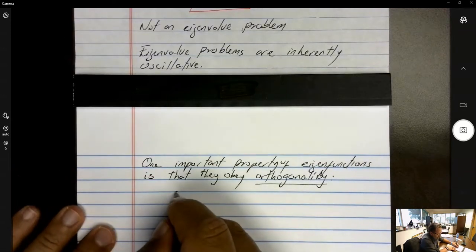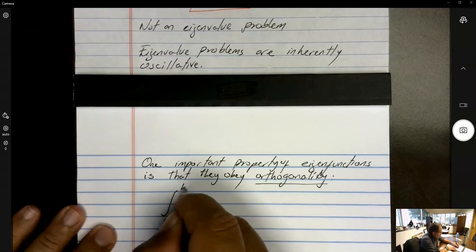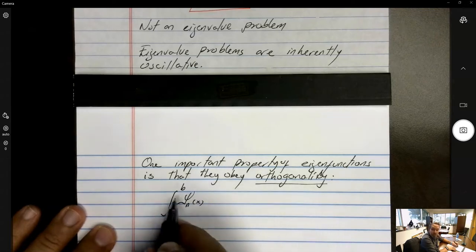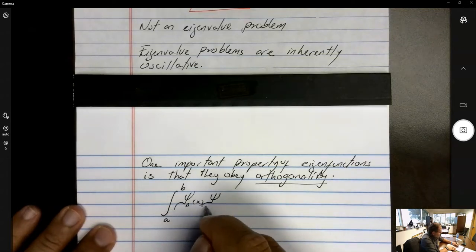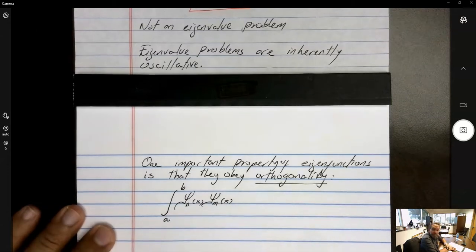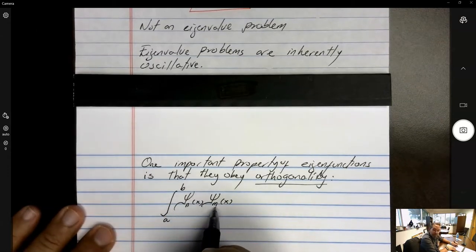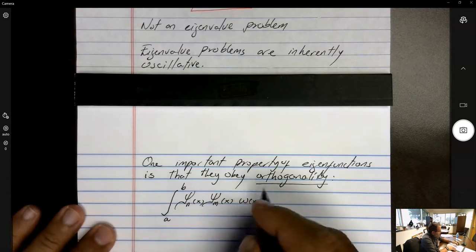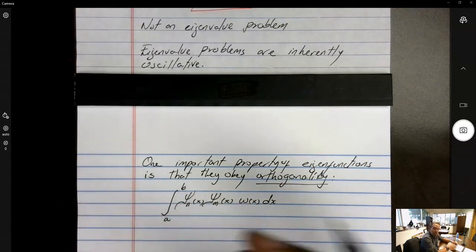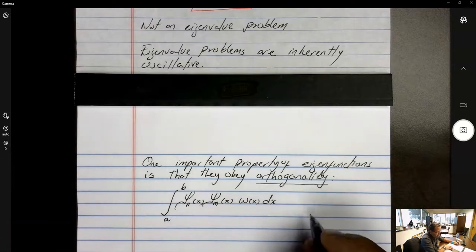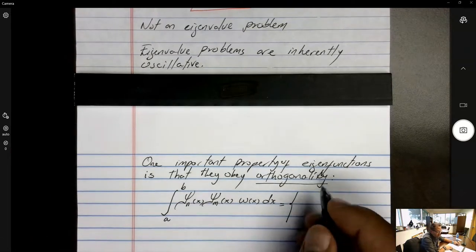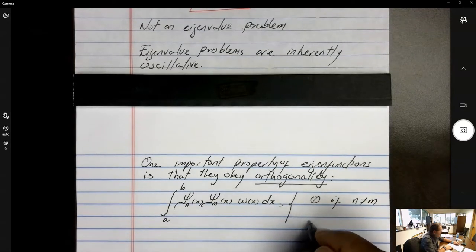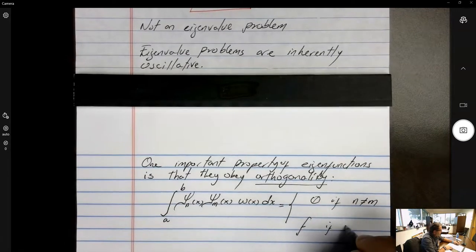It is a property that says that if you have an eigenfunction psi, you can take one of those eigenfunctions, psi n, for example, at one frequency, and then take the same eigenfunction at another frequency, psi m, multiply them by what we call a weight function, and integrate over the span a to b, which is where they're valid. That could be 0 to L in the cases we're working on right now. That can lead to two possible solutions: either 0 if n is different than m, or some value f if n is equal to m.